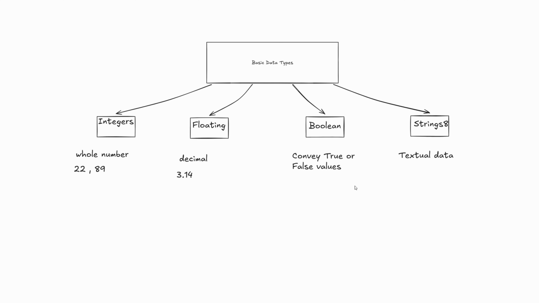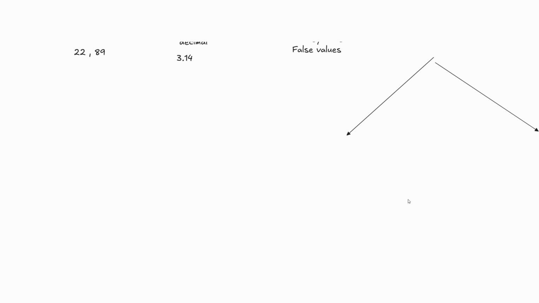Now let's talk about strings further. Strings have two massive properties. First is that a string is an ordered sequence.